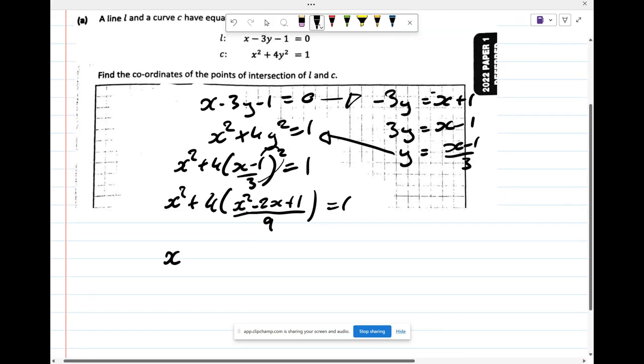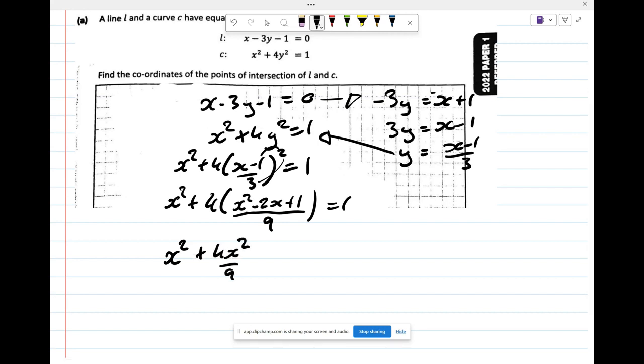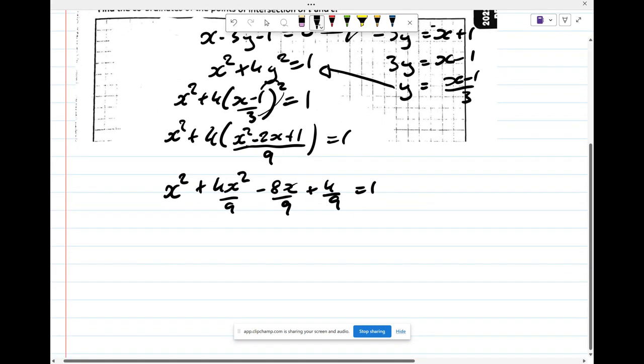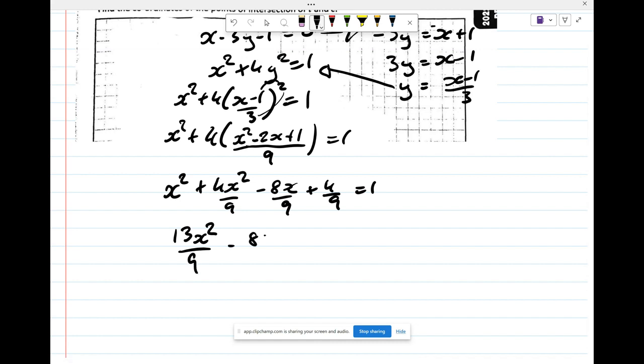So we can multiply in our 4: x squared plus 4x squared over 9 minus 8x over 9 plus 4 over 9 is equal to 1. So that's 13x squared over 9 minus 8x over 9 plus 4 over 9 minus 1 equal to 0.